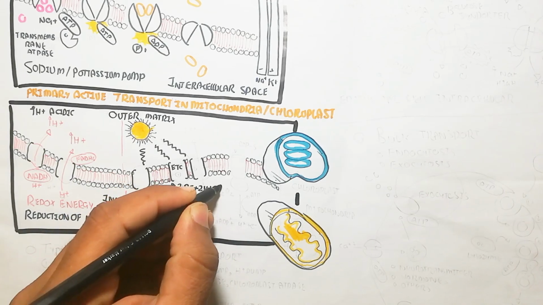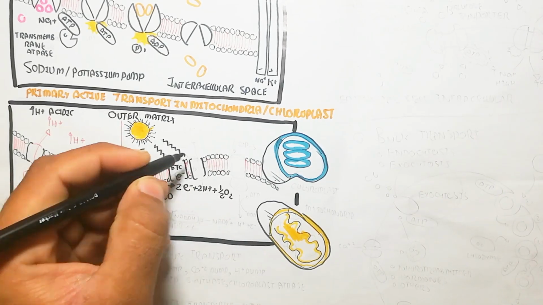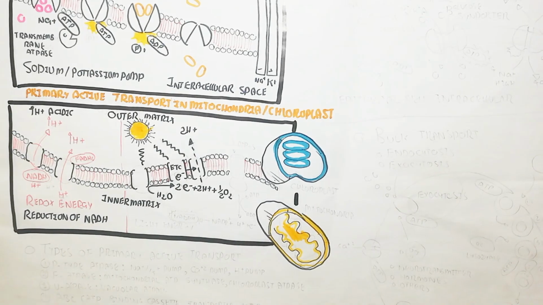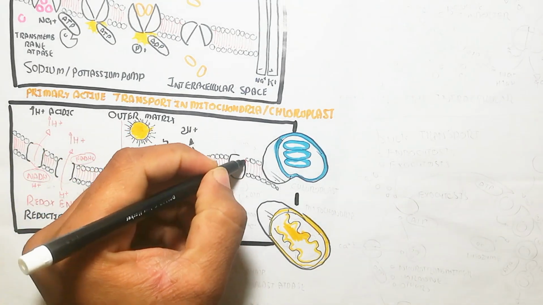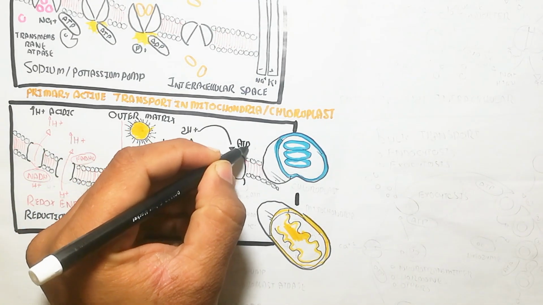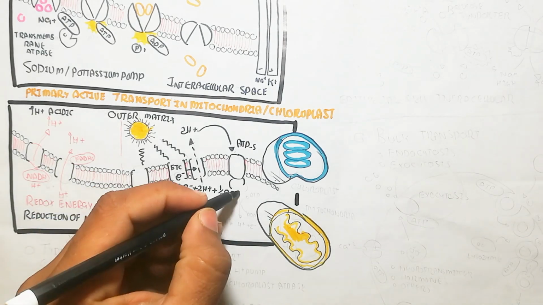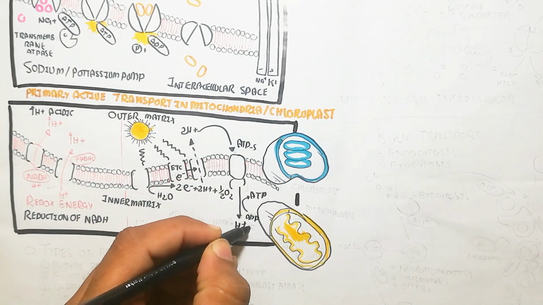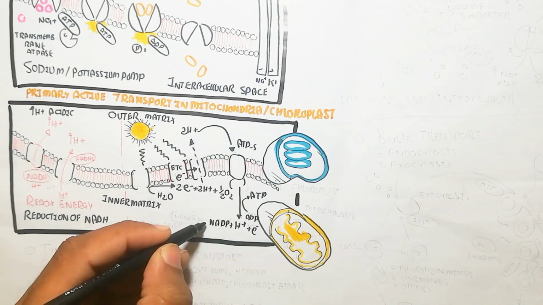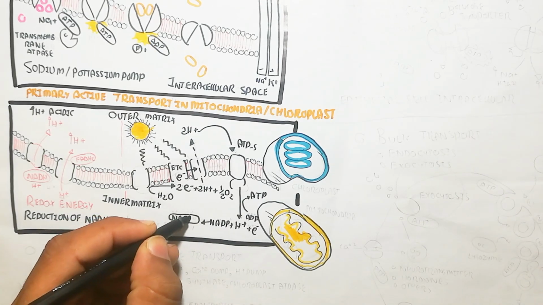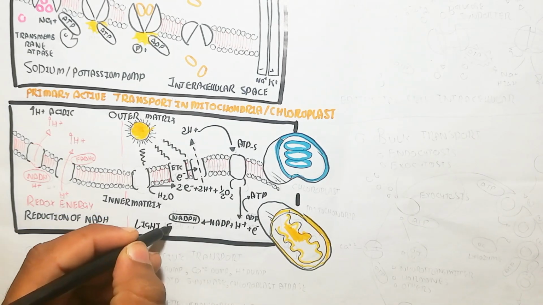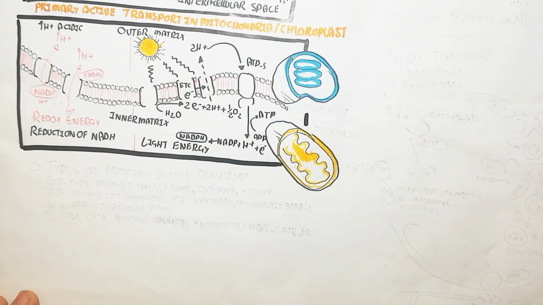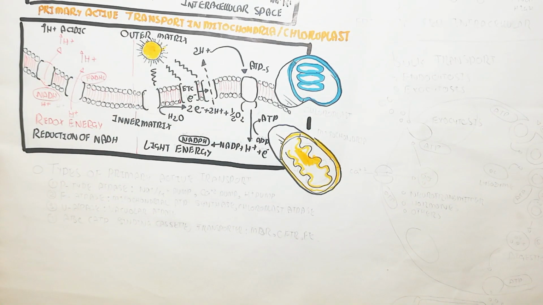The reduction of NADH leads to oxidation, producing this mechanism of proton pumping out. Here you can see the light used for photolysis of water produces electrons, protons are pumped out, and oxygen is produced. NADPH will be formed again. This is a further process we will not cover in this video.